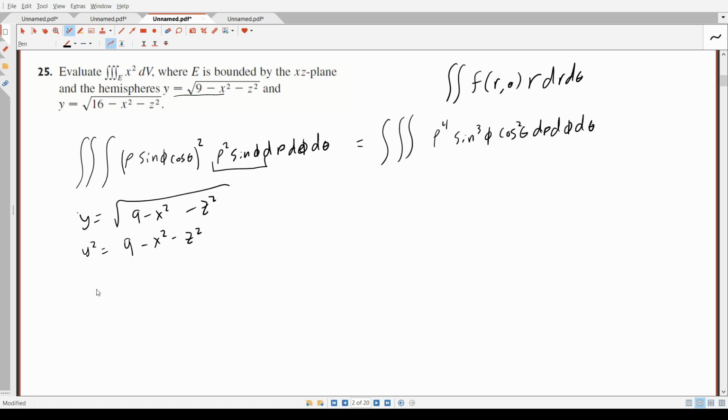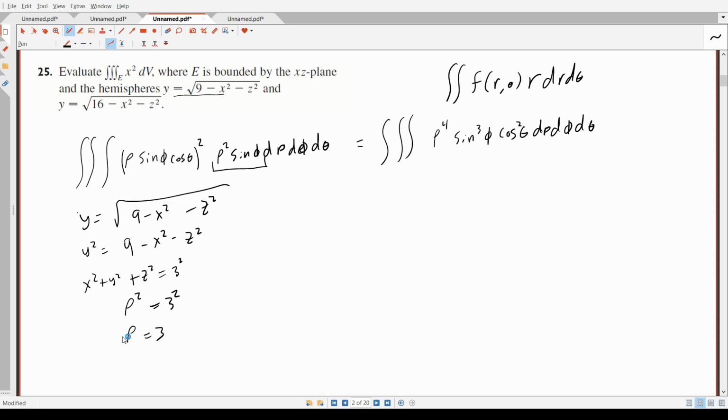And then I move these to the other side, and I have x squared plus y squared plus z squared equals 9, which is 3 squared. We know that x squared plus y squared plus z squared is equal to rho squared, so rho squared equals 3 squared. So this is just the surface rho equals 3.